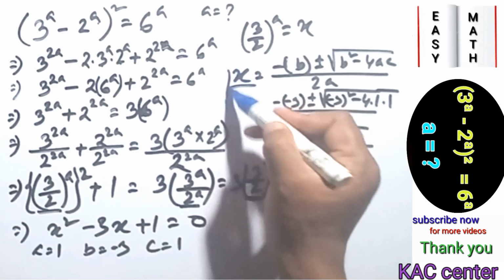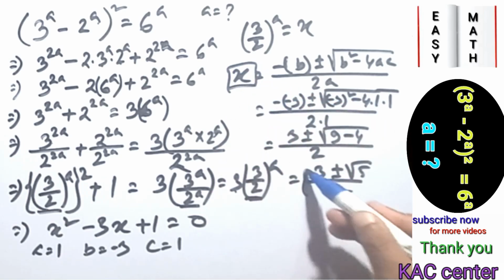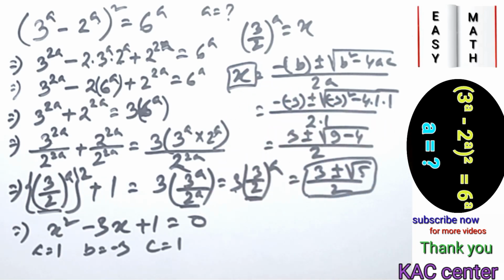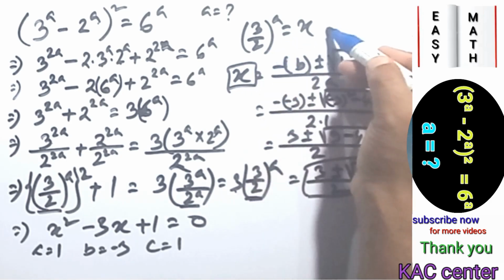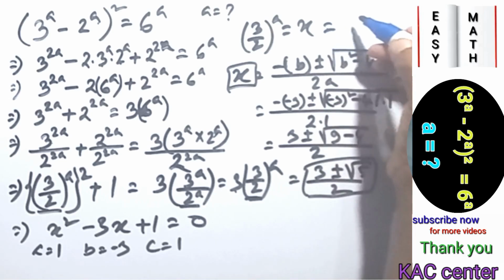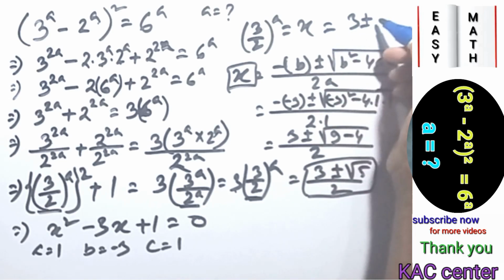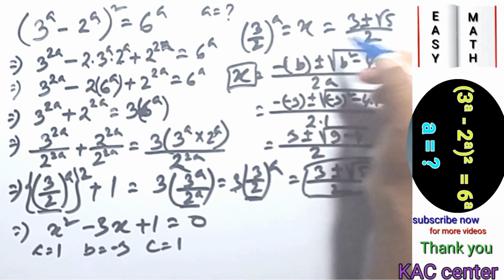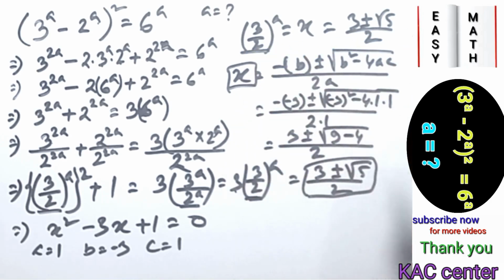So x value is 3 plus or minus root 5 by 2. We can write this similarly.